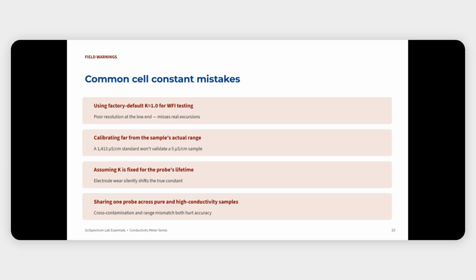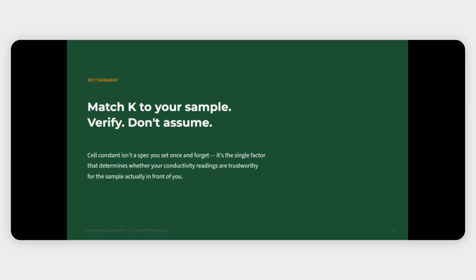A 1413 microsiemens standard tells you nothing useful about a 5 microsiemens sample. Assuming cell constant never changes. It does, gradually, as the electrode surface wears. And sharing one probe across totally different conductivity ranges, which just compounds all of the above.